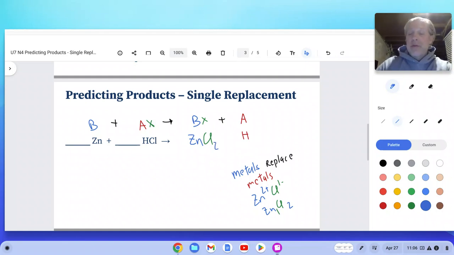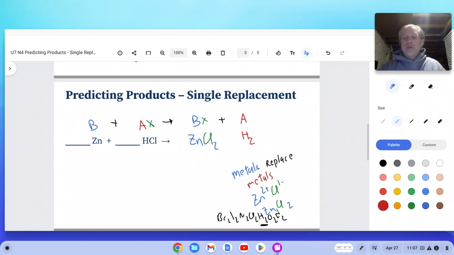The next thing we have to do is check to see if any of the elements, in this case the hydrogen, needs to have 2 after it. So we have to remember that there's Br2, I2, N2, Cl2, H2, O2, and F2. And the H2 is a true thing that needs to have a 2 after it. So we're going to write H2 like that.